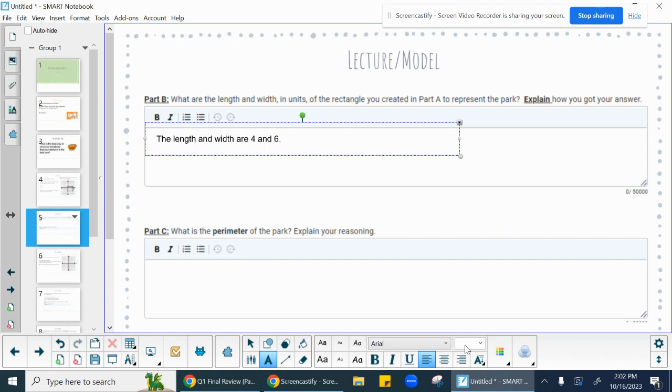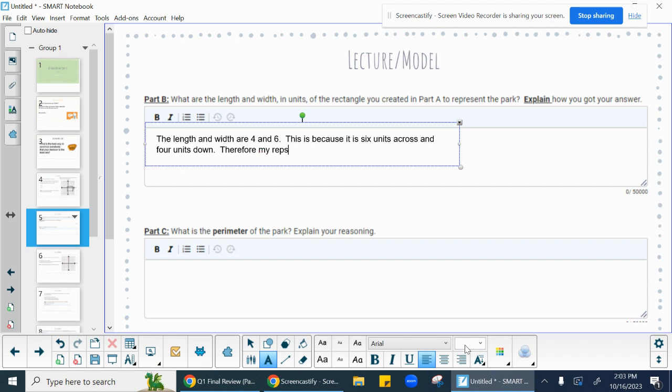Just like our math starters, then we're going to say, this is because it is 6 units across and 4 units down. And then we're going to finish off like how we would normally finish our math starter. Therefore, my response is 4 and 6. All right, so that covers part B.